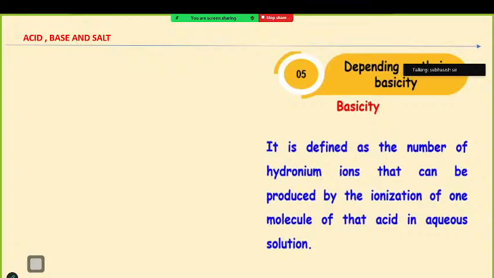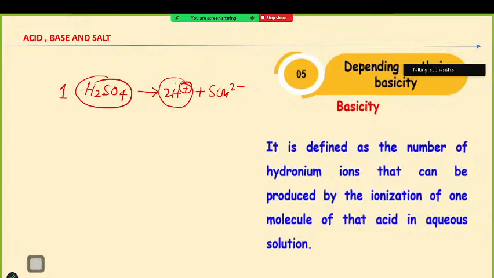For example, H2SO4 dissociates to form 2 H plus and SO4 2 minus. So one H2SO4 molecule gives two H plus ions. So the basicity of H2SO4 is 2.